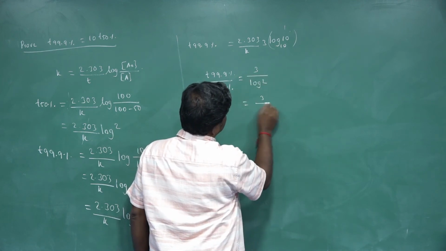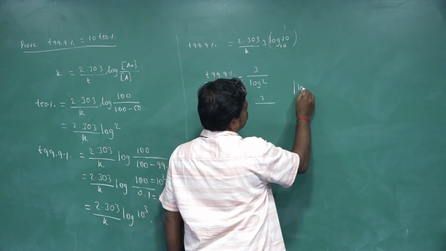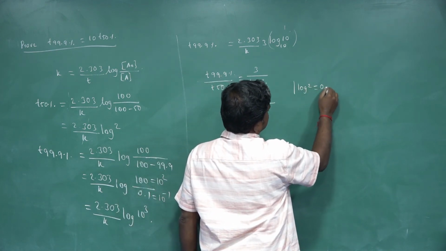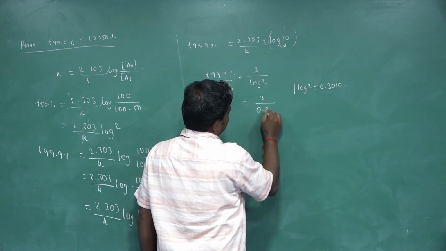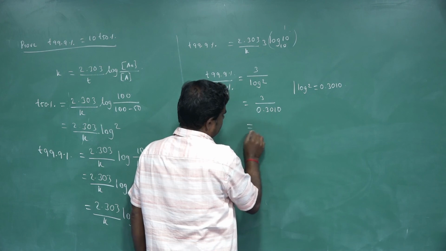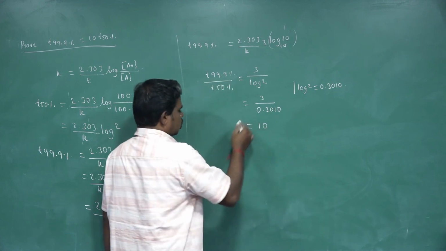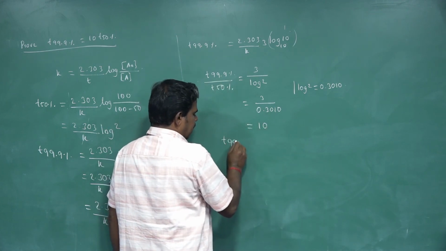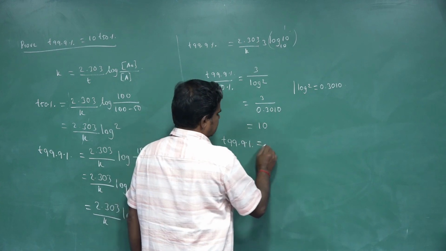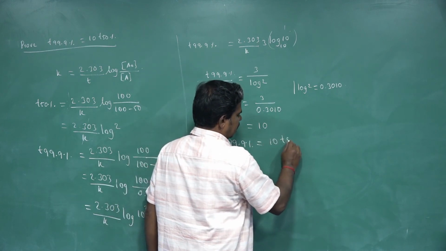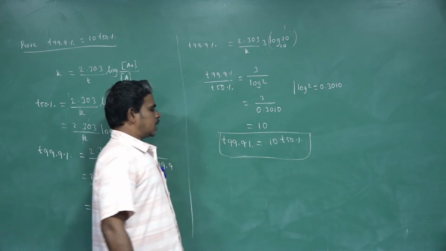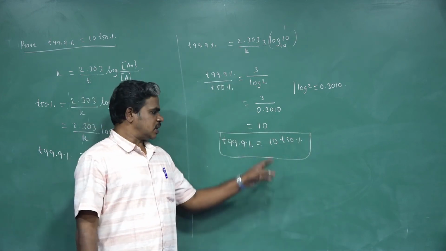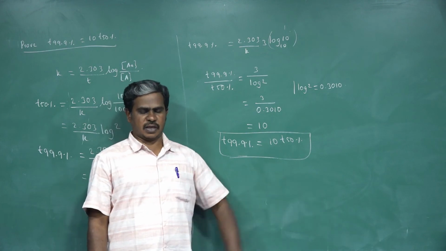Log 2 is 0.3010, so it is approximately 10. So T 99.9% is equal to 10 T50. Thus we have proved that T 99.9% is equal to 10 T50.